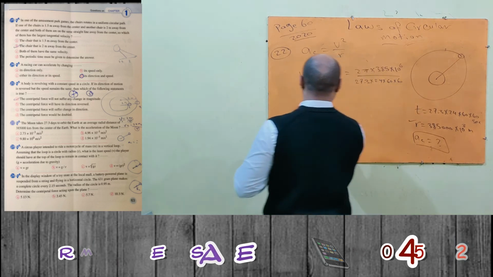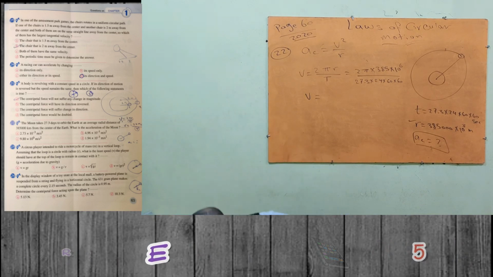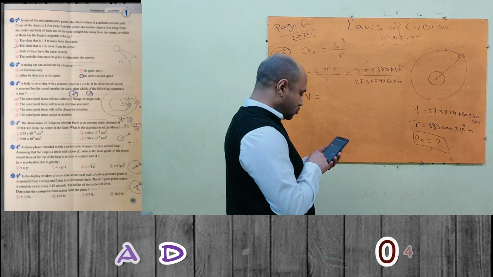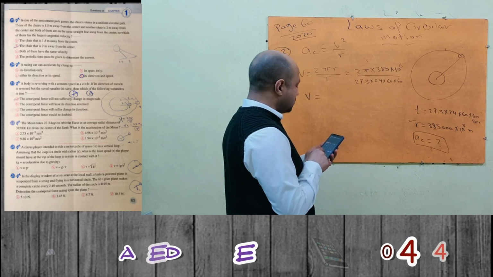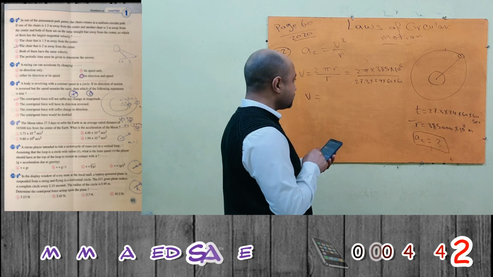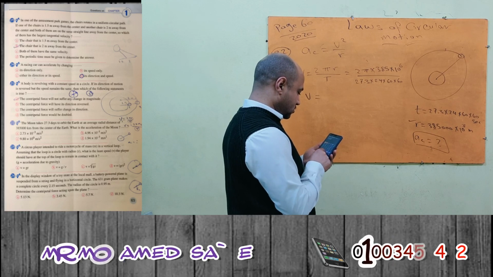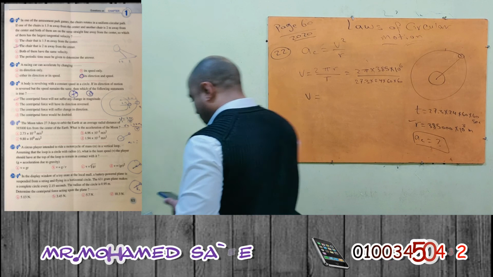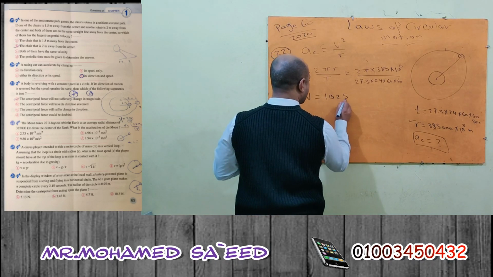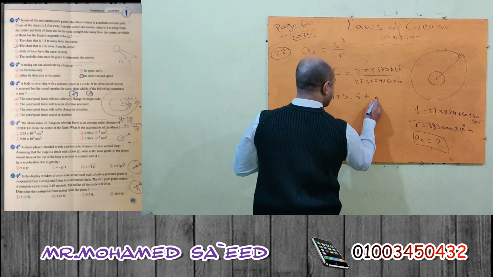So v equals, by using a calculator, 2 pi times 385 times 10 to the power 6 over 27.3 times 24 times 60 times 60. So the velocity of the moon is 1025.57 meters per second.